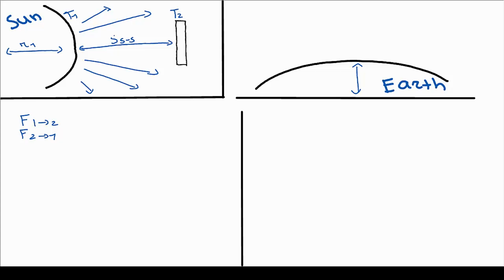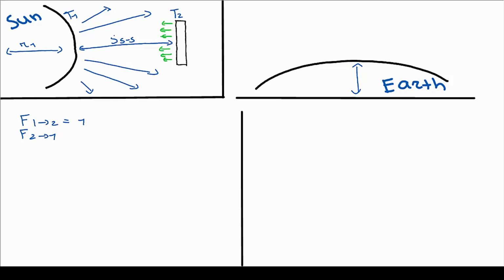So also, let me take another color. The satellite is sending out radiation to the Sun. And what we're going to do is say that all the radiation from the satellite is reaching the Sun, and therefore this fraction is 1. Because the Sun is way bigger than the satellite, this is true.